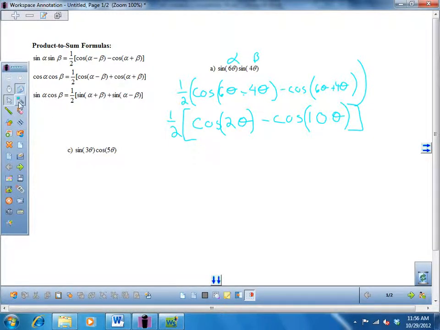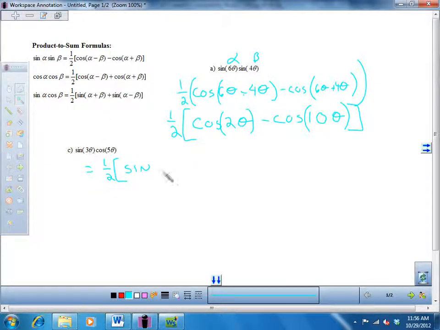Okay, so I'm going to do this one, and this formula looks kind of like this, right? So plugging in, that is equal to 1/2 sine of A plus B. So that'd be 1/2 sine of what's 3 theta plus 5 theta? 8 theta. Okay, so I'm kind of skipping a step here.